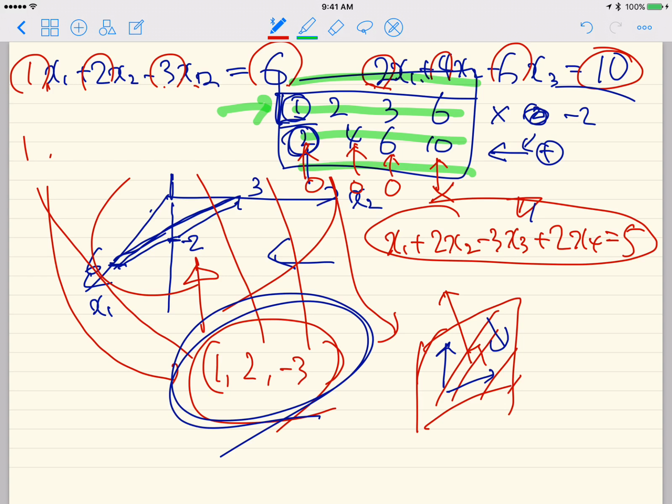In this process, we tried to create this value as 0, but somehow the other values also became zeros, though not the last one. The last one is not becoming 0 because their ratio is different at the last constant value. So this will create 0 equals some non-zero number. It should be -2, right?